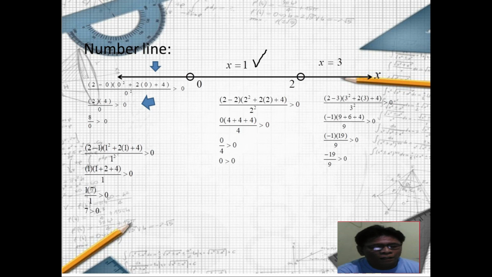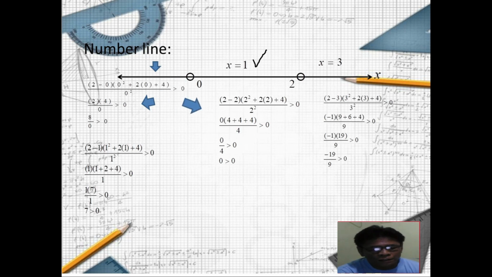Substitute 0 in the expression: 2 minus 0 times 0 squared plus 2 times 0 plus 4 over 0 squared, and the result is 2 times 4 over 0, that is 8 over 0, and that is undefined. So x equals 0 is not included in the solution.